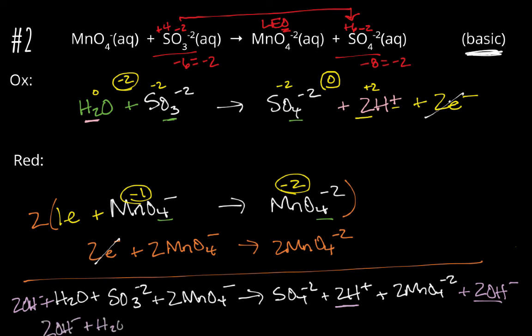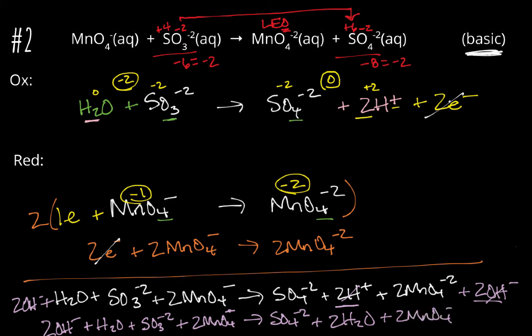plus H2O plus SO3 minus 2 plus 2 MnO4 minus gives me SO4 minus 2 plus 2 waters. So this and this are going to make 2 waters plus 2 MnO4 minus 2.